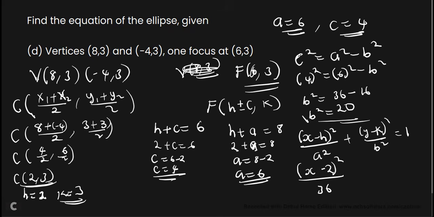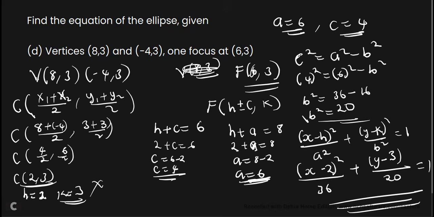It's 6. Because this is a, 6. So when you square it, it will be 6 squared, plus, what is your k? Your k, which is this side, that is what? 3. And what is your b squared? Your b squared is already 20. Put it there. So this is how you do it when it comes to the ellipse.